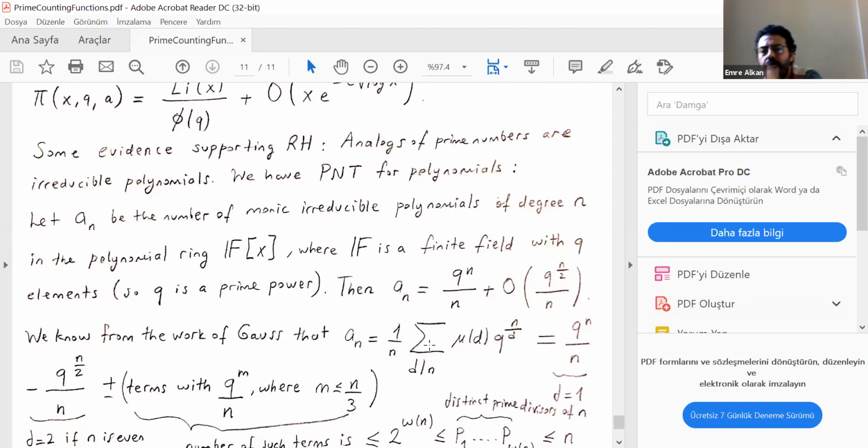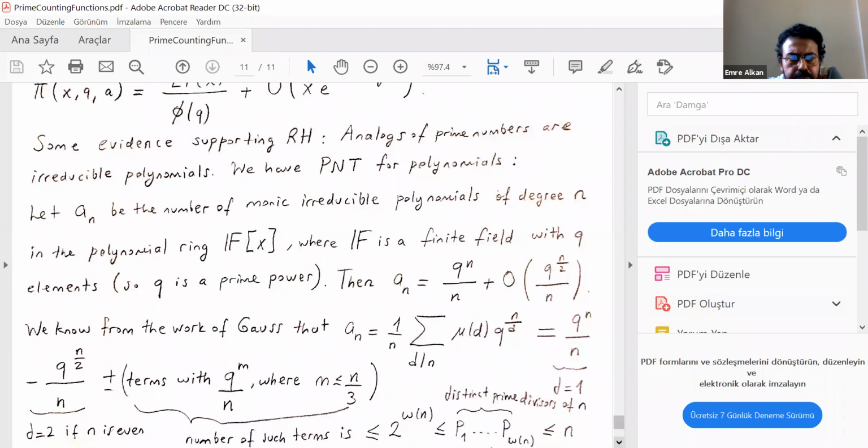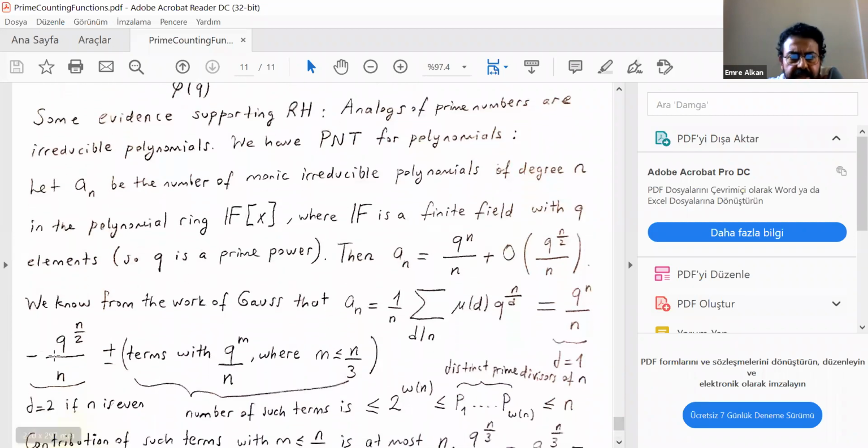Gauss gets an exact formula in this case, where there is structure. But now if you pay attention to this, d equal to 1 seems to be the heaviest term. mu(1) is 1, so you get q^n over n. Then you look at d equal to 2. Of course, if n is even, you consider that term. That comes with a minus, q^(n/2) over n.